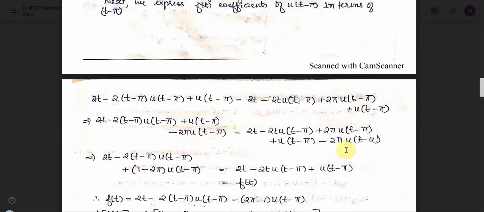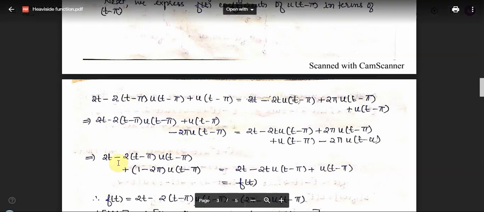These two are going to get cancelled, and on the right hand side I have 2t minus 2t u plus 2 pi u, 2t minus 2t u plus u. And on the left side, after subtracting, we will simplify 2t minus 2 into t minus pi u of t minus pi. We will combine this taking u common. If I take u common, this becomes 1 minus 2 pi.